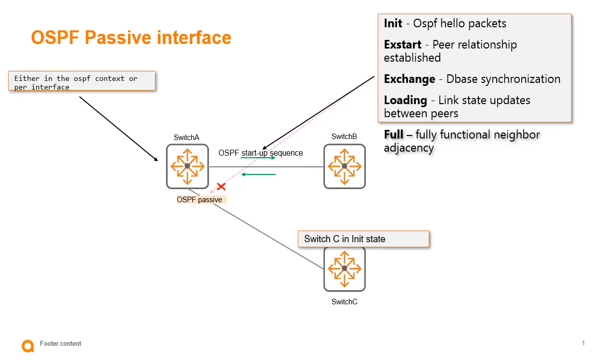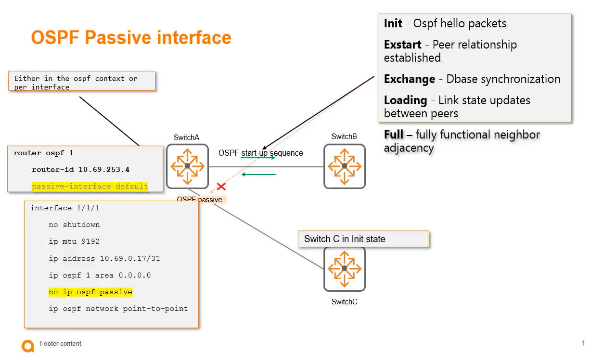There's a couple of ways we can do it. We can put the OSPF context on a per interface or in the OSPF interface. So we've got, in this example, router OSPF 1, passive interface default on all interfaces, and then we turn it off. So we turn no IP OSPF passive if we want to form an adjacency on that particular interface.